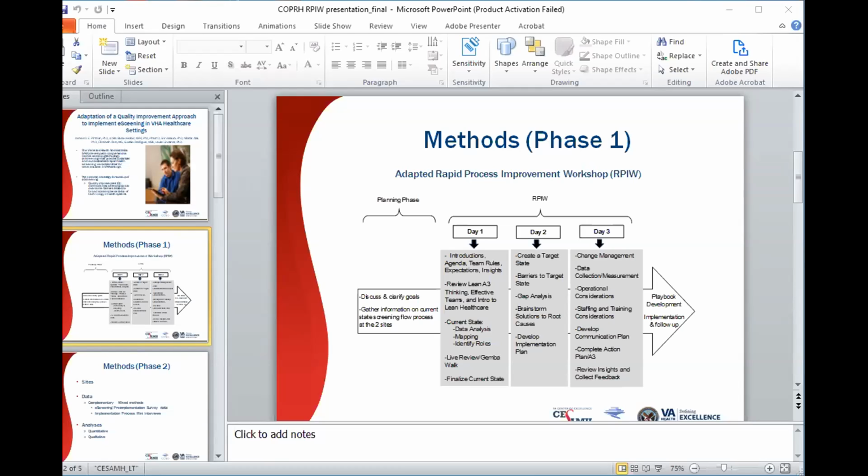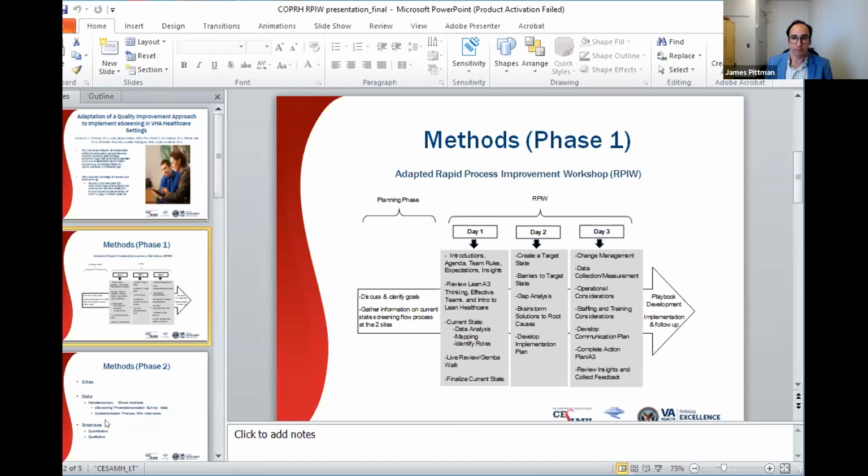So that included workflow, roles, training, communication, measurement. All of those things were included as part of the final blueprint, which came out of the entire process. And so essentially we used this modified QI approach of RPIW to create a template that would support other clinical teams using the same approach, the modified RPIW, to be able to integrate e-screening.